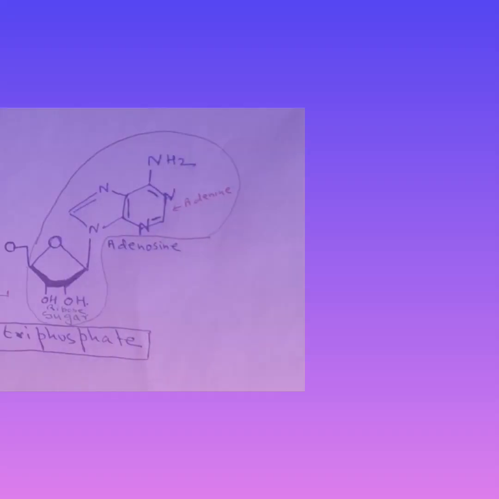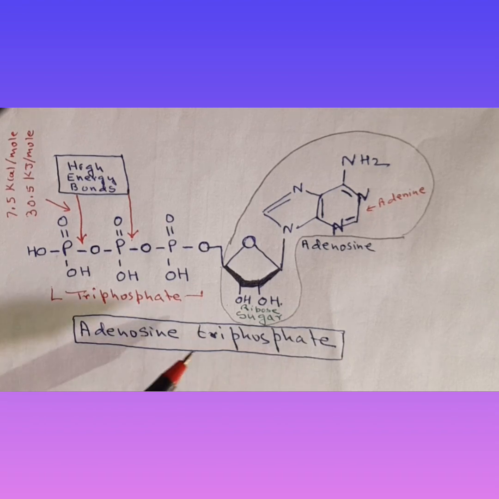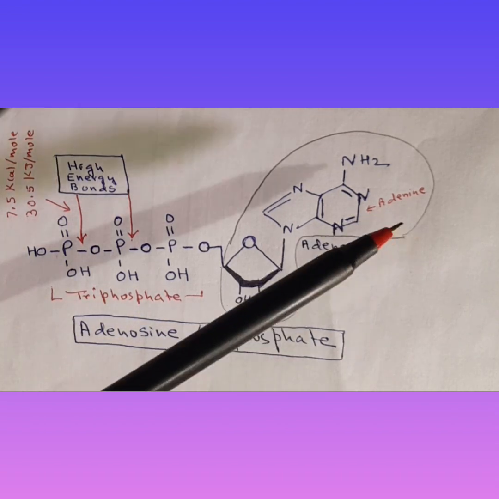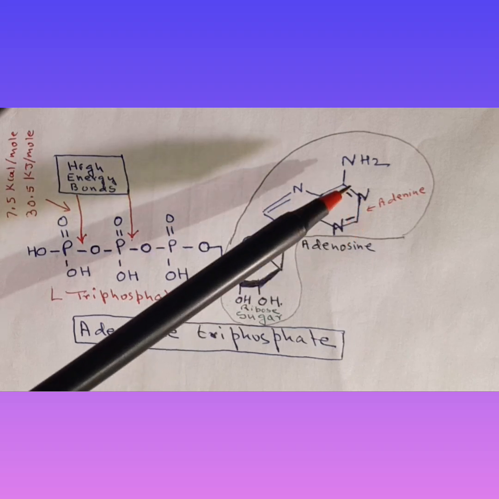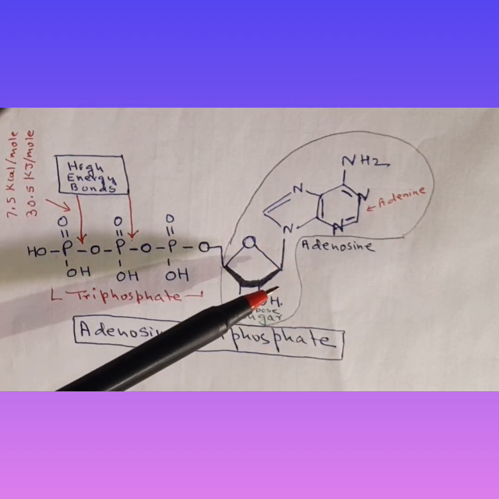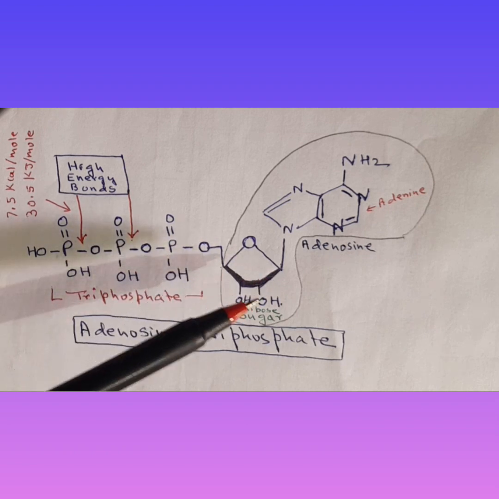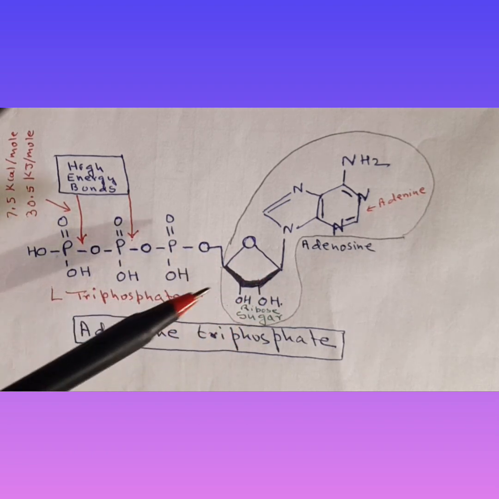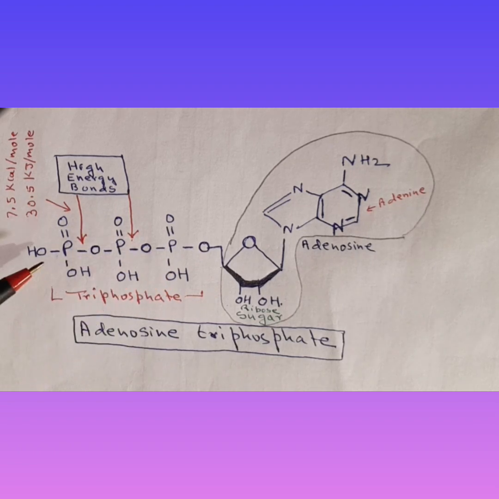Now we always talk in terms of ATP. It is an energy rich molecule. So I just have tried to explain a bit about ATP also, and how do we get energy when ATP gets converted to ADP and AMP. All right, this is the structure of adenosine triphosphate, which has one nitrogen base known as adenine and one ribose sugar which is of 5 carbon, and along with it, it also has 3 phosphate groups.